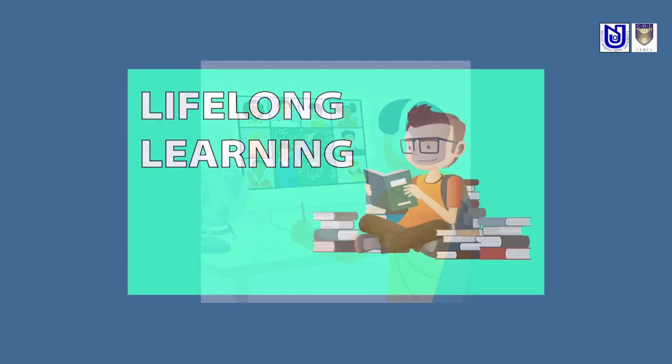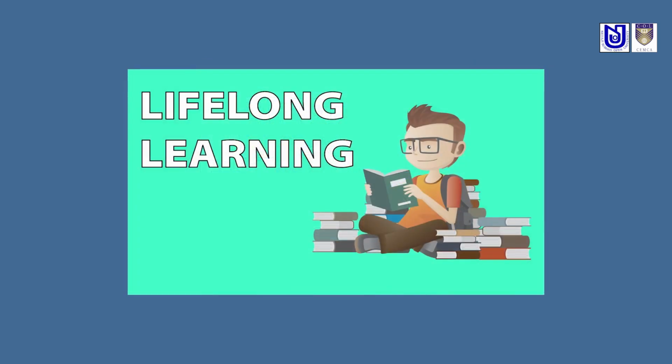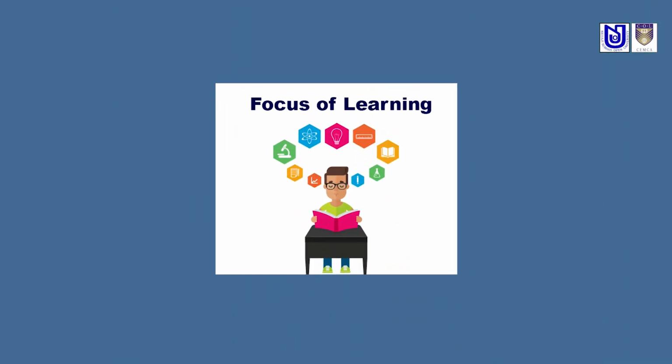And Heutagogy purports lifelong learning. During this process, we have come across so many resources through different media, and we have managed. How can we use it in our learning? So this determination, this pathway of managing, is what Heutagogy is all about.